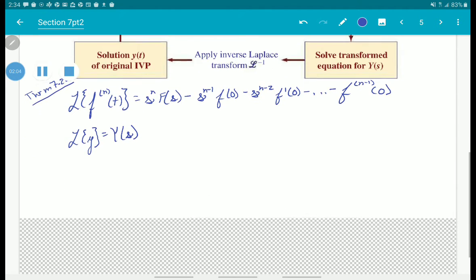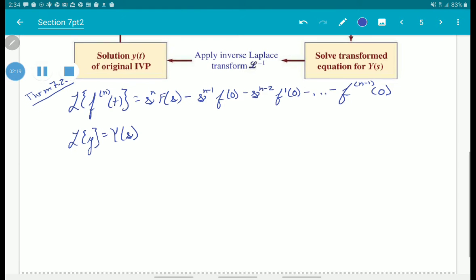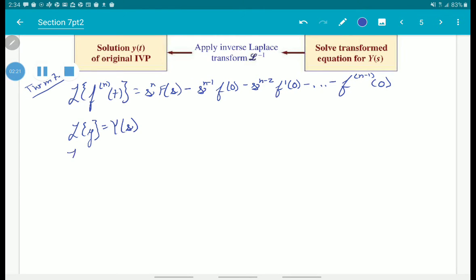When you're writing things, be very careful with your s's and your 5's. It's really easy for me to get my s's and 5's mixed up if I use a regular s and 5. So just be careful on those. Now let's take the Laplace transform of y prime. So the n is going to be a 1 there because this is going to be the first derivative.